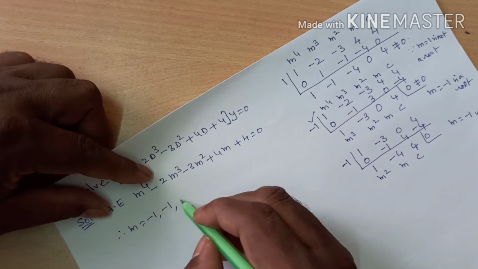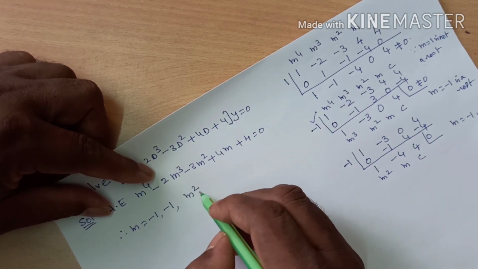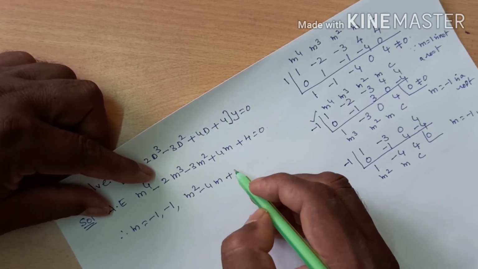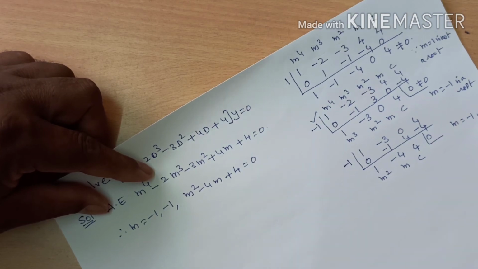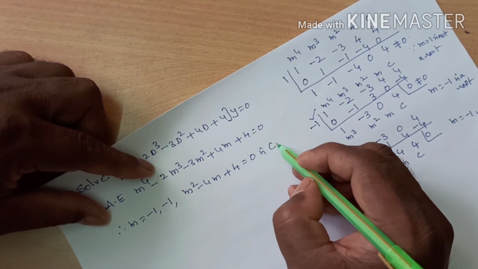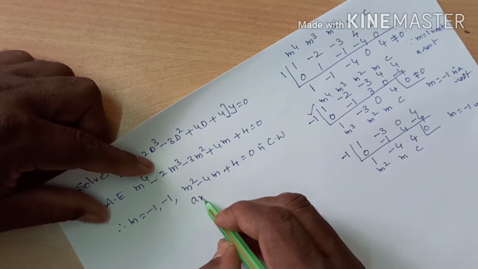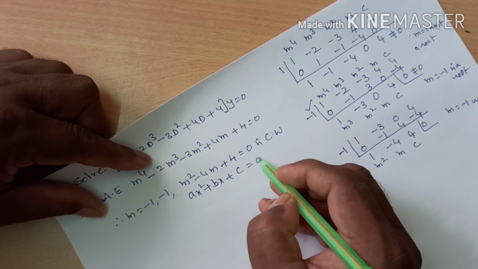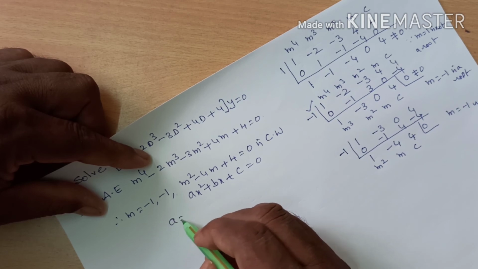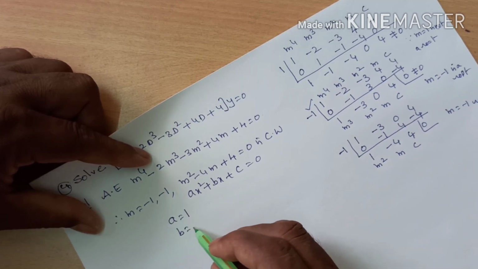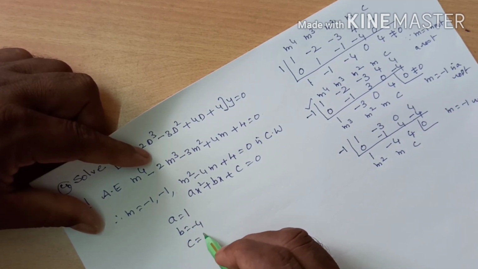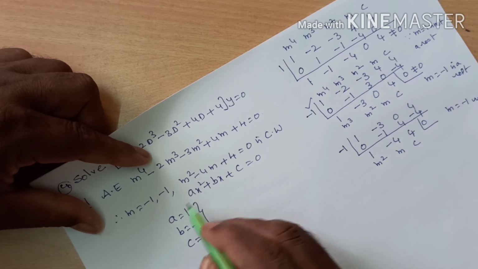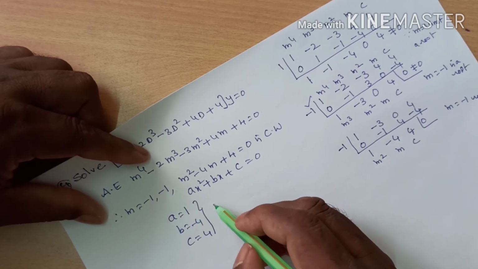two roots. The reduced equation is m square minus 4m plus 4 equal to 0. Compare it with ax square plus bx plus c is equal to 0. We get a is equal to 1, b is equal to minus 4, c is equal to 4. For this quadratic equation, it is the best method.